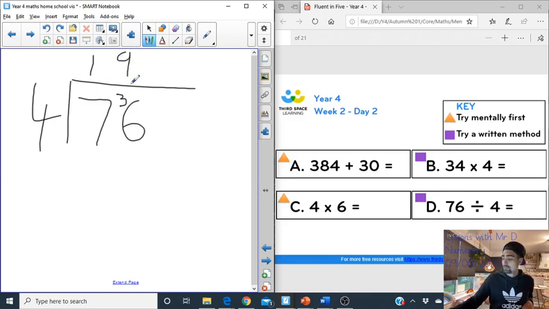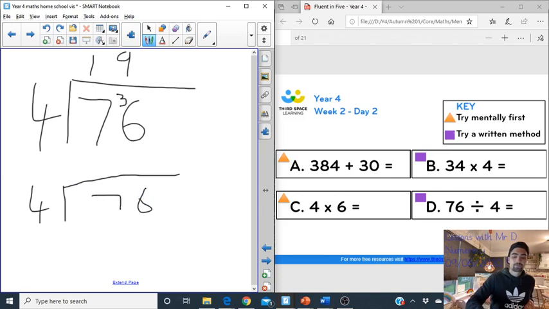The last way that you might remember how to do is one that the textbook likes to choose, but for me it doesn't really work. It does work, but I don't really like it, should I say. It looks the same. You tell yourself how many 4s are there in 7 tens? Well, I can get 1, and that's 40.